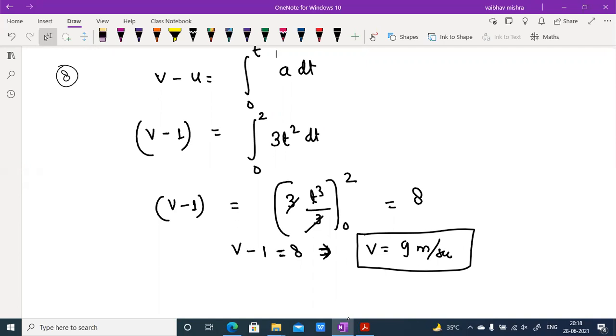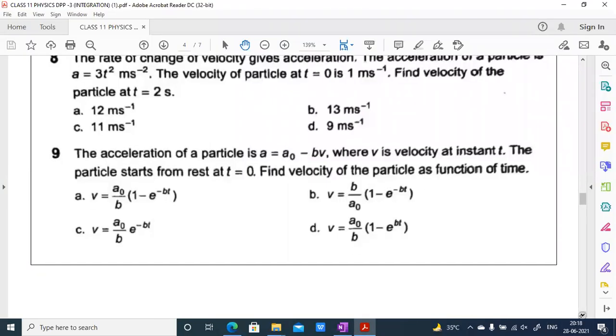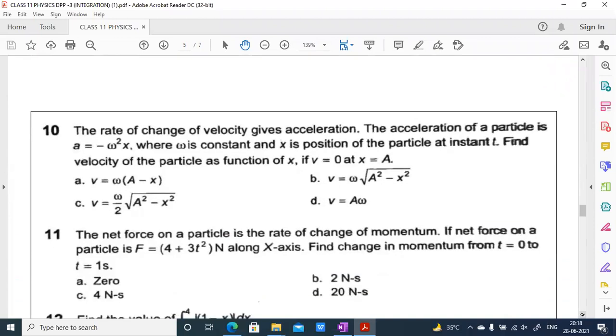Yes, understood. Right. Similarly, another equation. This one is a little difficult, let's leave the 9th one for now. We'll do it later on.